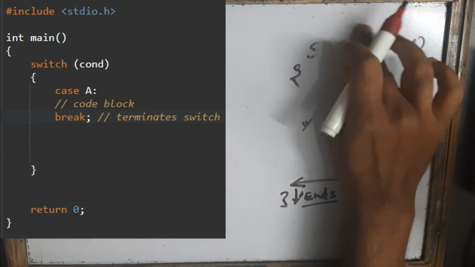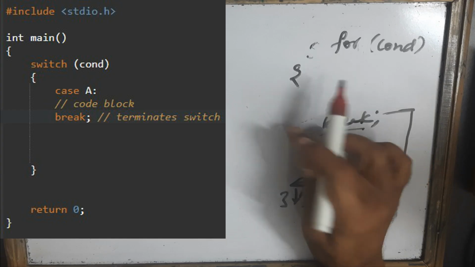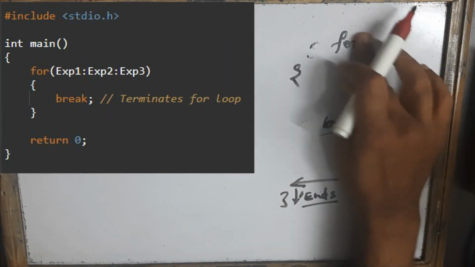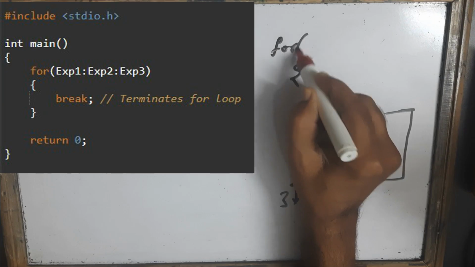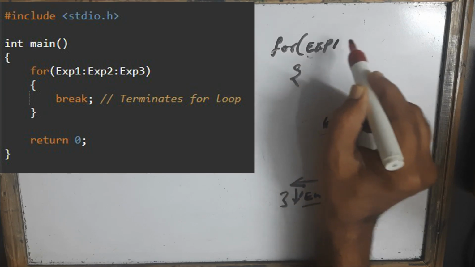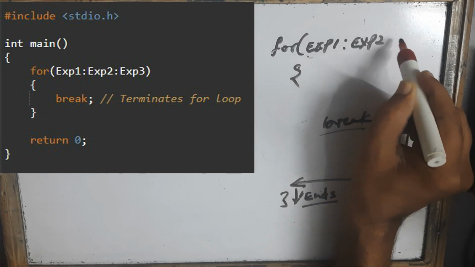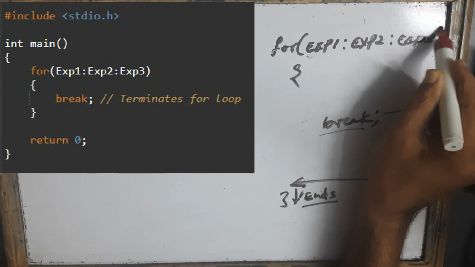And for the for loop, say for example, this is a for loop with expression 1, expression 2, expression 3.